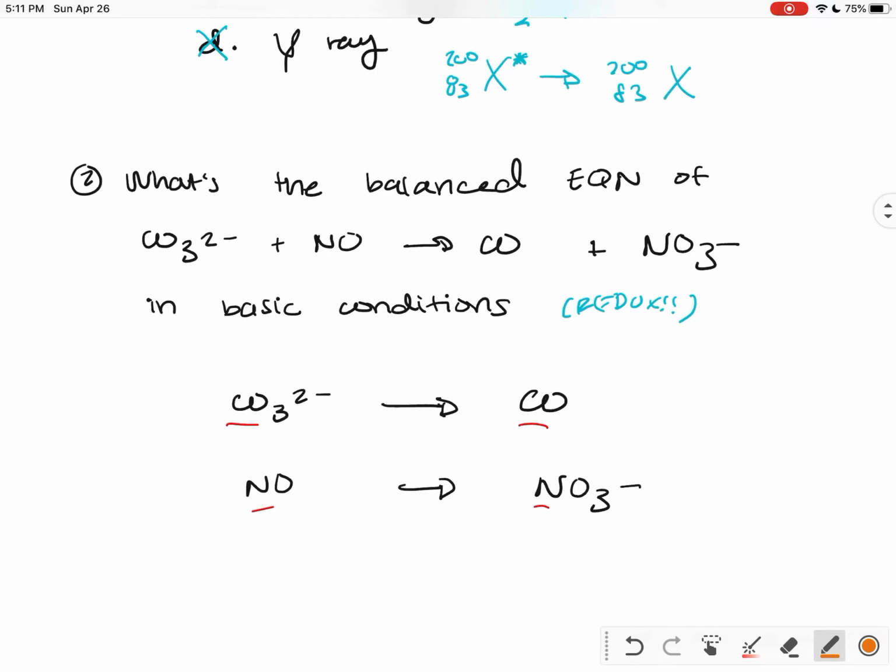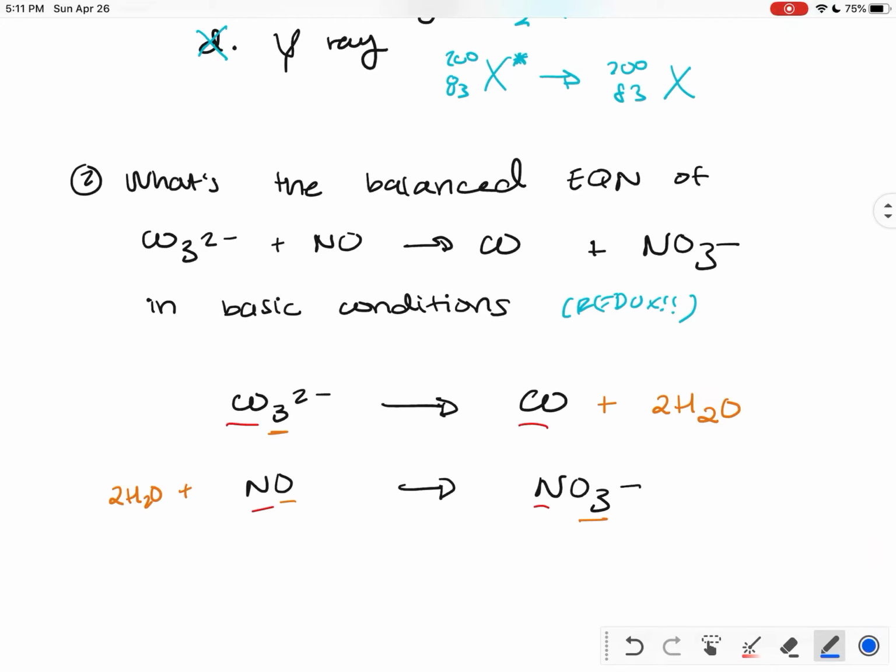We can see here that we have 3 oxygens on the left and only 1 oxygen on the right. So we're going to want to add 2 more oxygens to the right-hand side, or the product side. And then additionally, we have 3 oxygens on the product side for NO3- and only 1 here. So we'll want to add 2 over there.